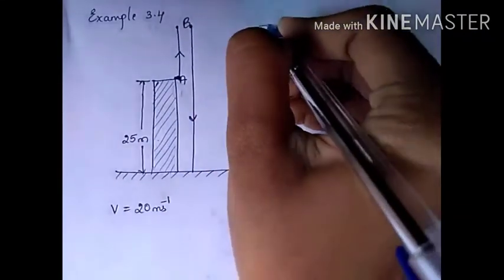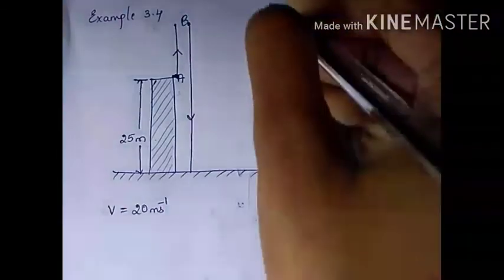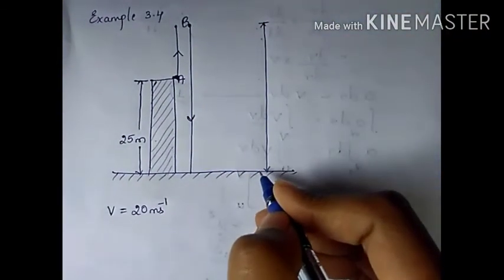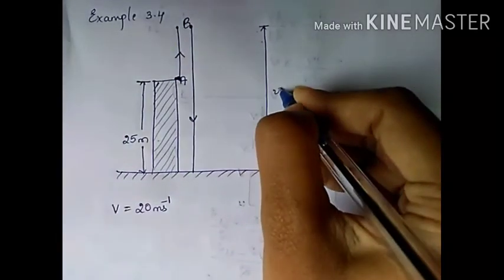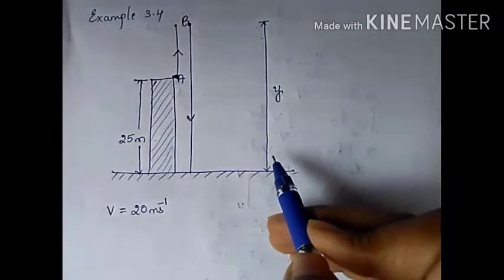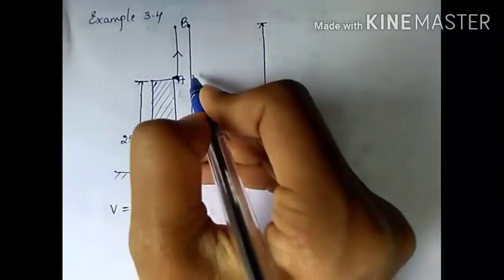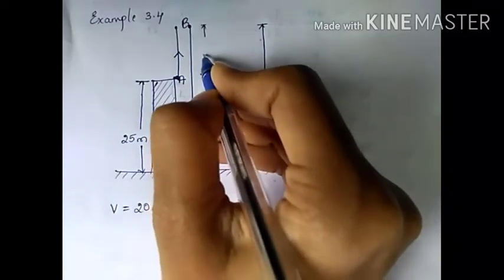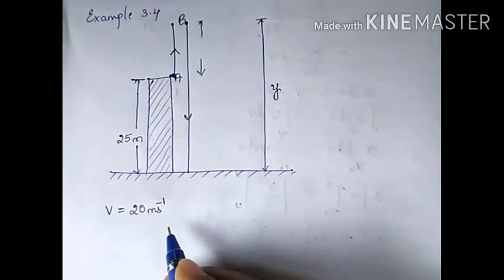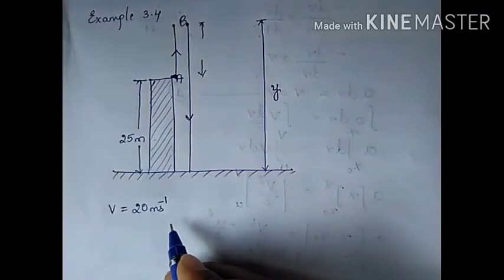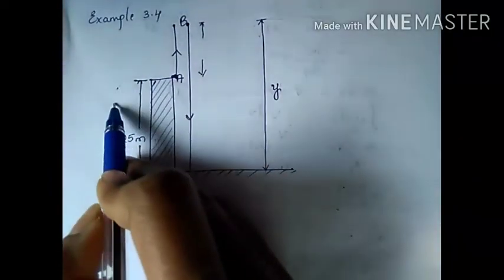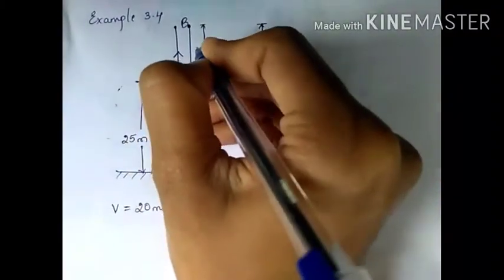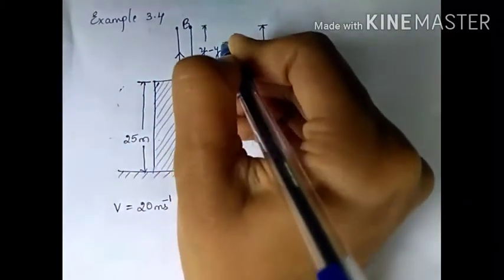Now let the distance from the ground to the highest point the ball reaches be y. If this distance is y naught, then the distance from here to here will be y minus y naught.